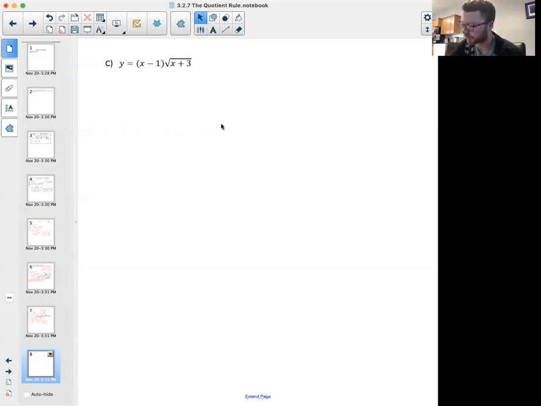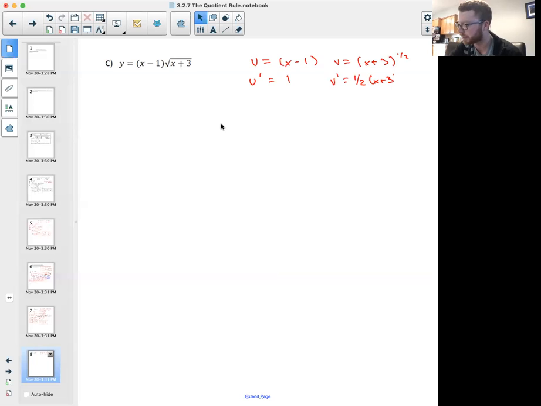So like we've been doing, let's write our u is equal to x minus 1, and our v will be x plus 3 to the exponent 1/2. So take the derivative of both. So u prime is just 1, and v prime is equal to 1/2 x plus 3.